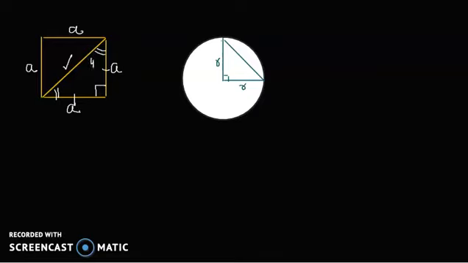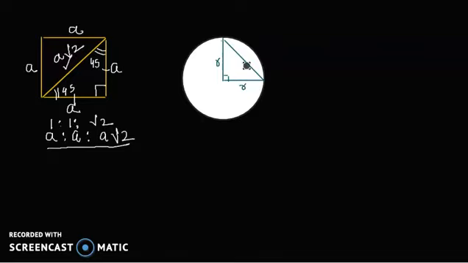So again this will be 45 and 45. So our diagonal here would be A is to A is to A root 2, because this is 1 is to 1 is to root 2. So all these multiplied by A will give you A is to A is to A root 2. So this would be A root 2.